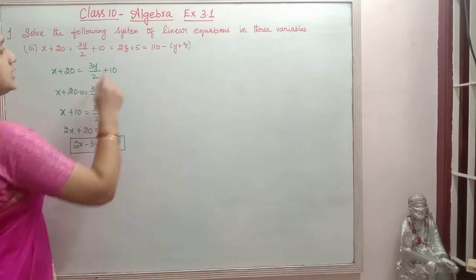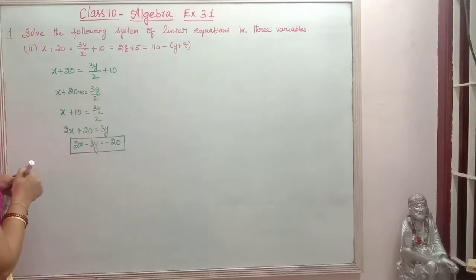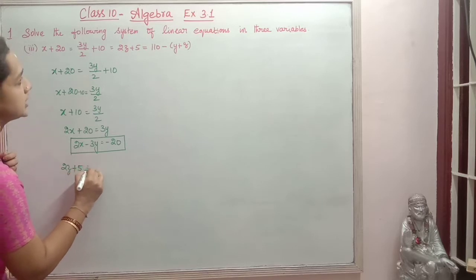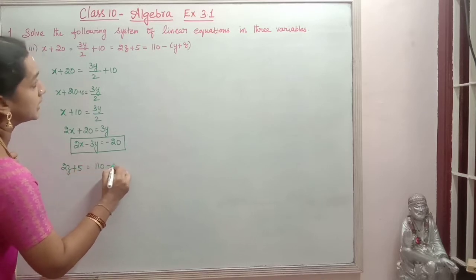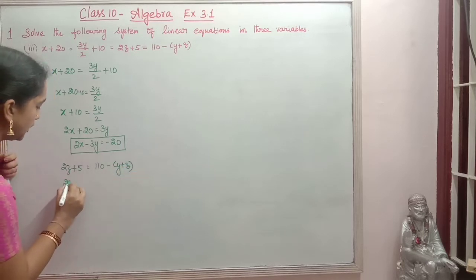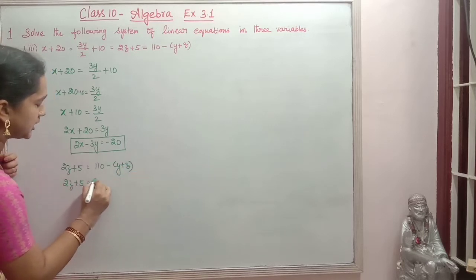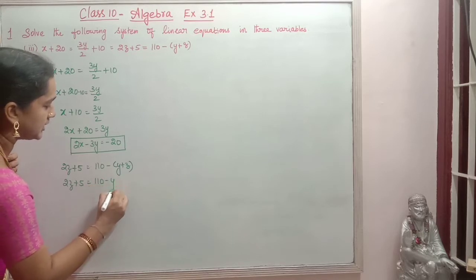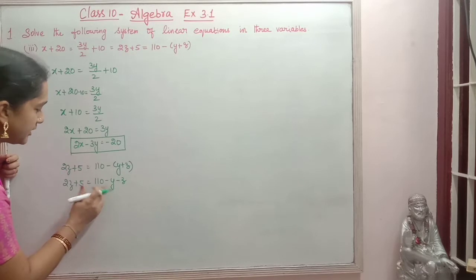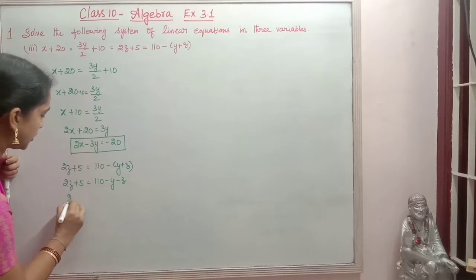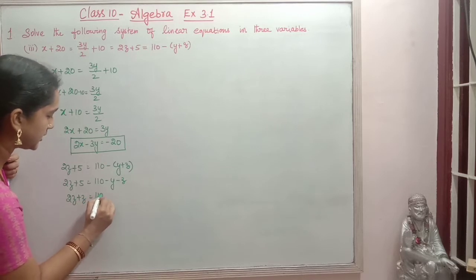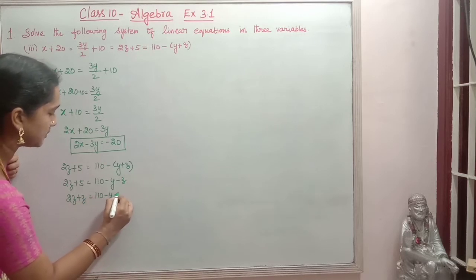Then next I will take the second and third equation. So in that, 2z plus 5 is equal to 110 minus y minus z. In this I will bring this z to this side. So it will be 2z plus z is equal to 110 minus y minus 5.